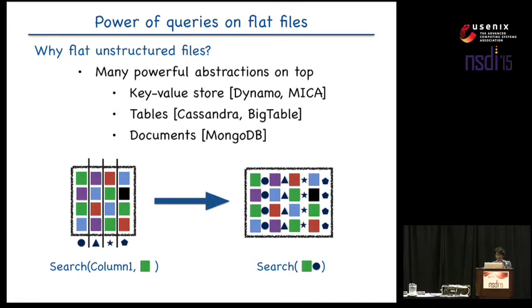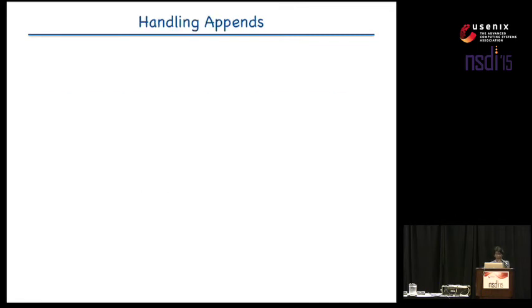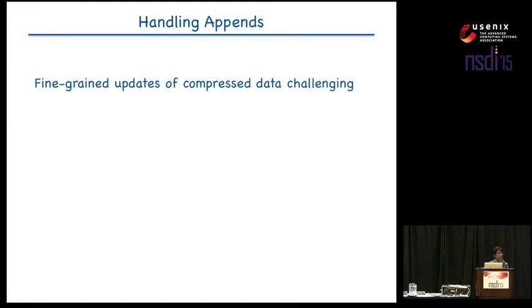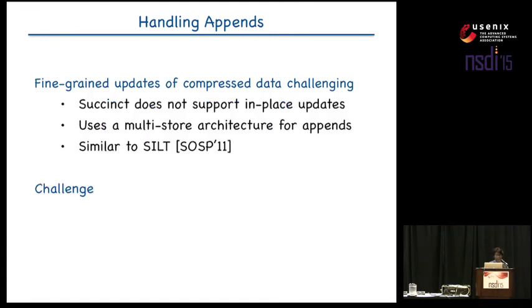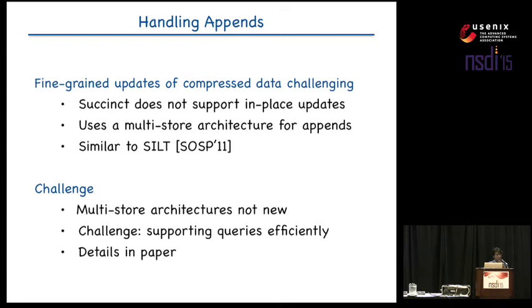So the last slide before evaluation: Succinct handles appends using a multi-store architecture, which is very similar to Dave's SILT work from SOSP 11. And the main challenge there is to support the queries efficiently. You are welcome to look for details in the paper. The high-level idea is that we have this log store where the data comes in as written.